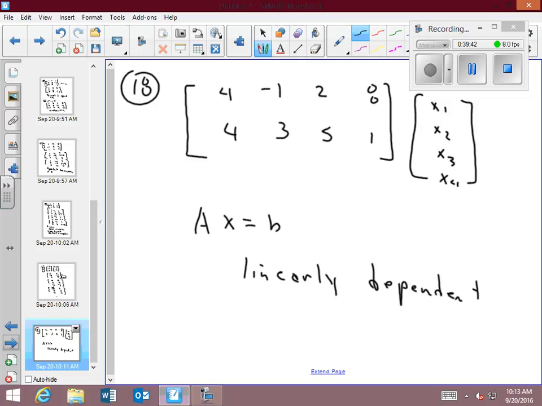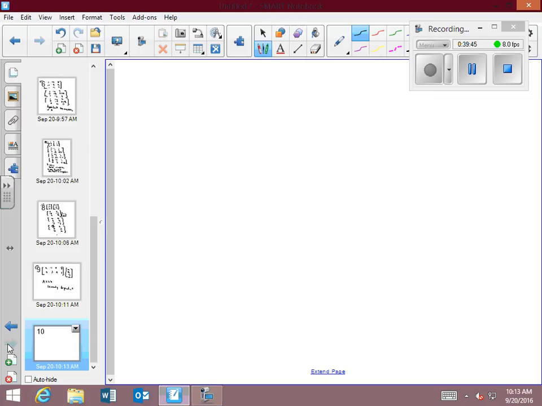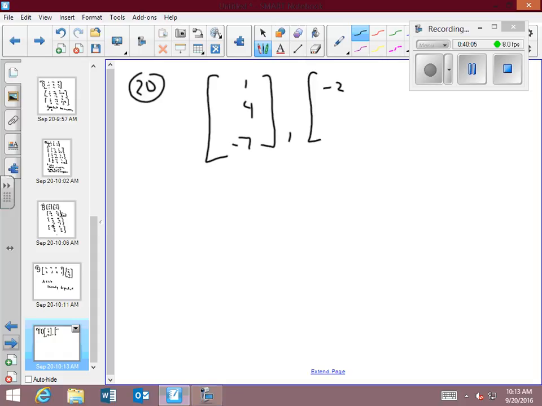Now, 20, you have a 0 vector, and theorem 9 says if a set of vectors contains a 0 vector, then the set is linearly dependent.